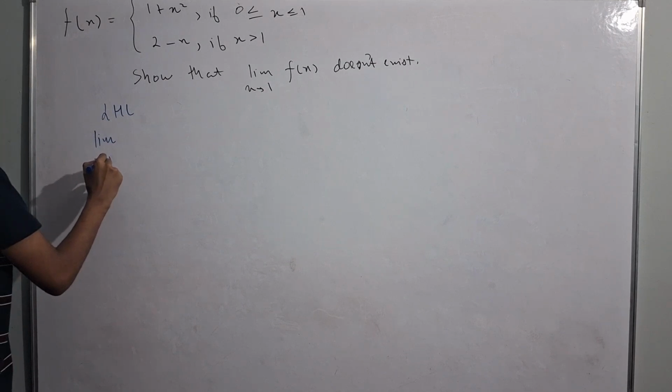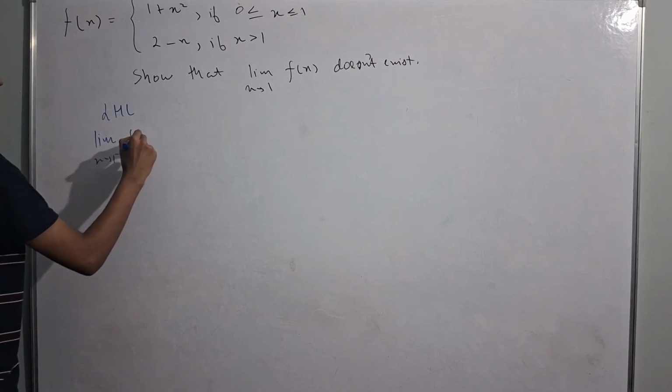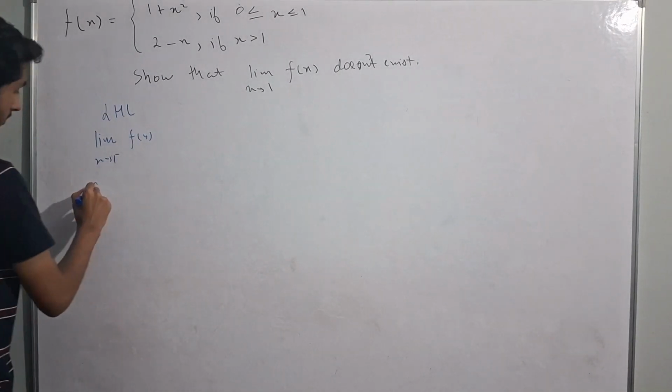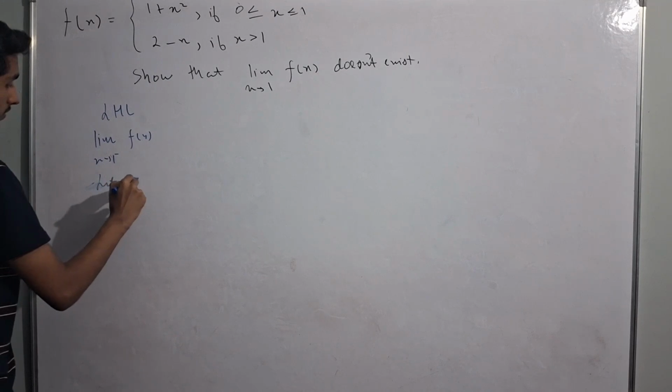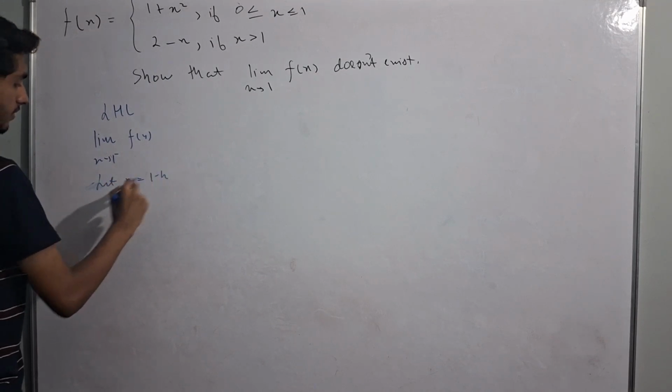Limit x tends to 1 negative of the function of x. So let x be equal to 1 minus h. As x approaches 1, h approaches 0. So we'll do limit h approaches to 0. We have to pick the case in which x is less than 1, so we'll use this equation.